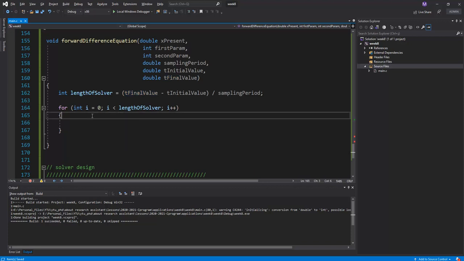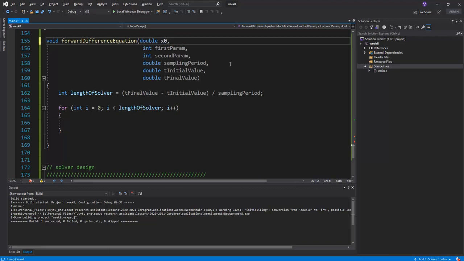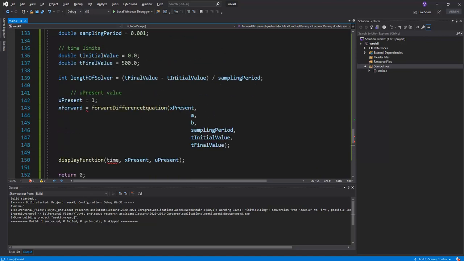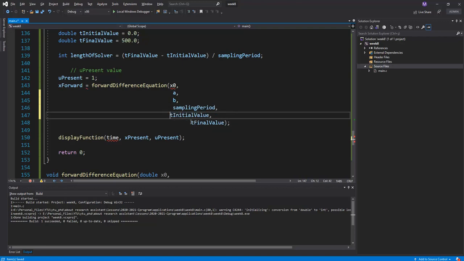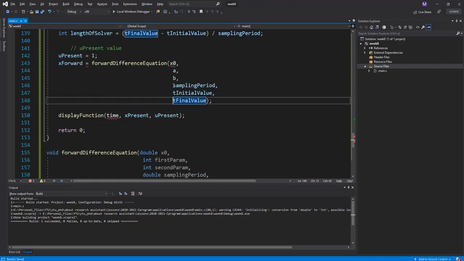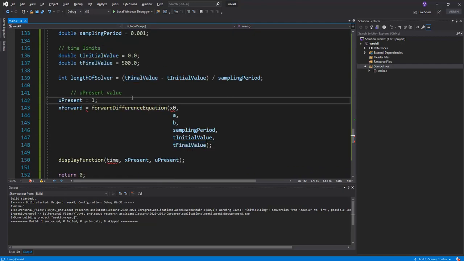And so the solver design should be initialized by the double x present value, or in some sense the x0 in this notation. This can be converted by the x0 value, because every equation needs the initial values. And so the x0 is defined by what?